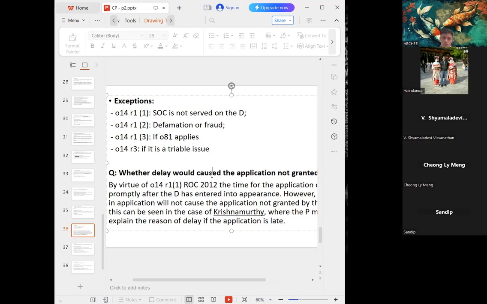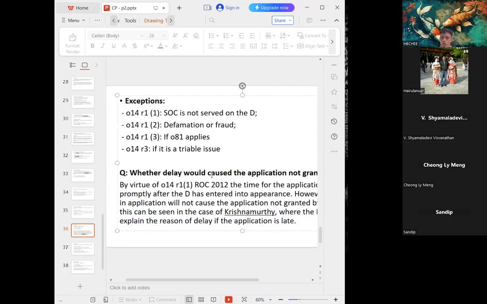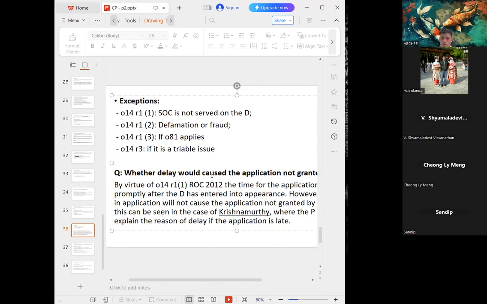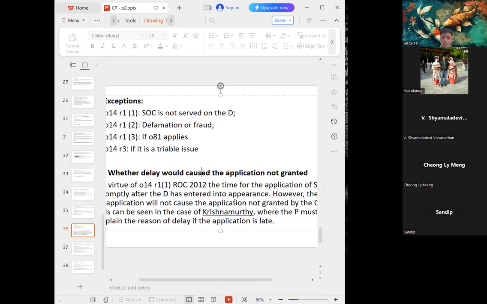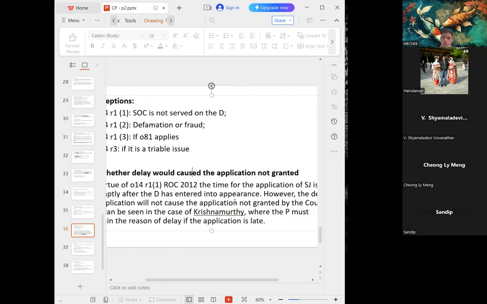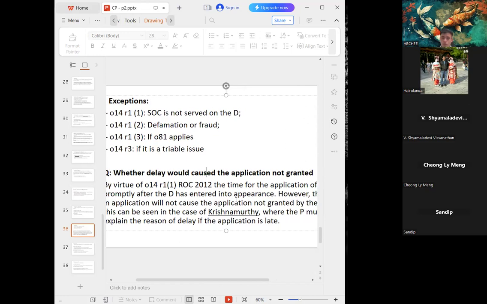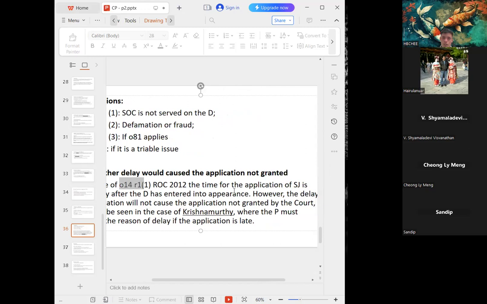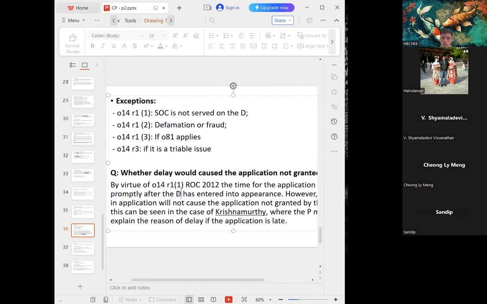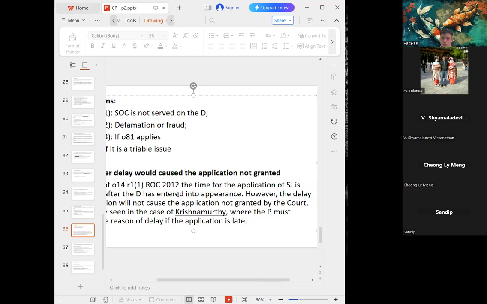Now, whether the delay will cause the application not to be granted. This has happened in practice. This could happen to some practicing lawyers also, because somehow when they are already late to file the application, sometimes the court will penalize them, like the case is dismissed. So when you see Order 14 Rule 1, the time for the application is promptly after the defendant has entered into appearance.